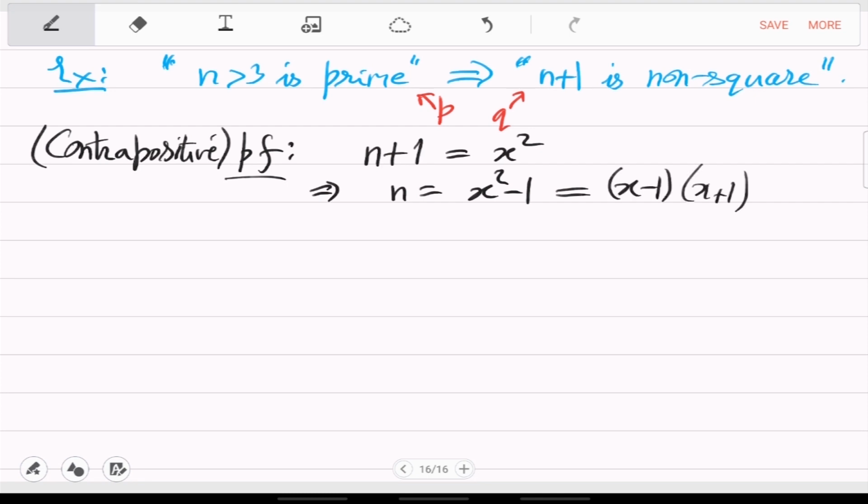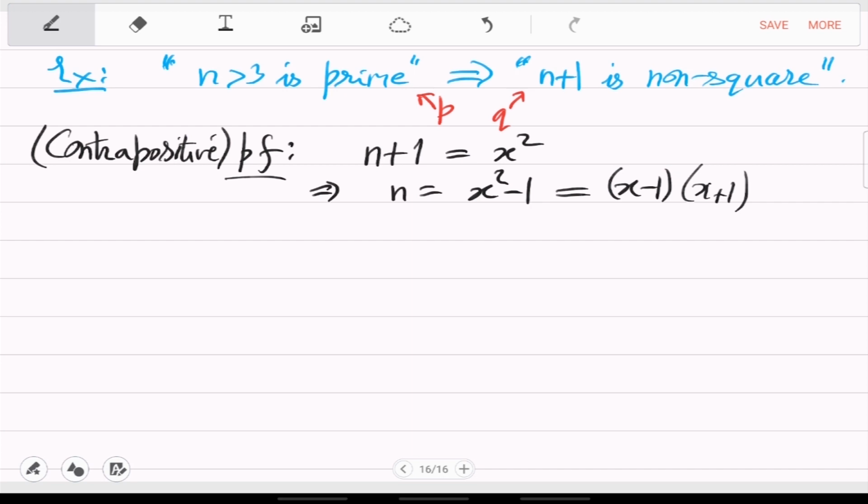This is a streak of luck. So now you actually have a factor of n. You can factorize n, except in the case where x minus 1 is 1, then this is not a factorization. But what happens when x is 2?